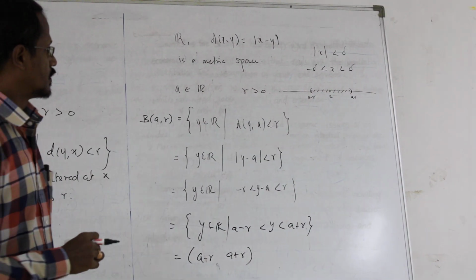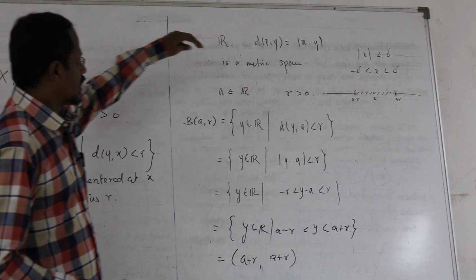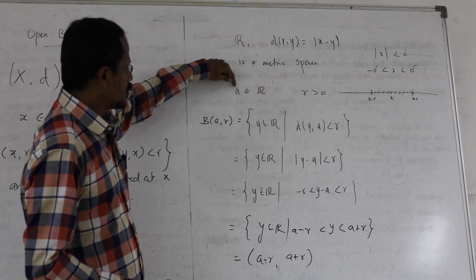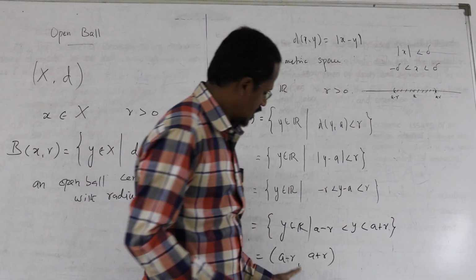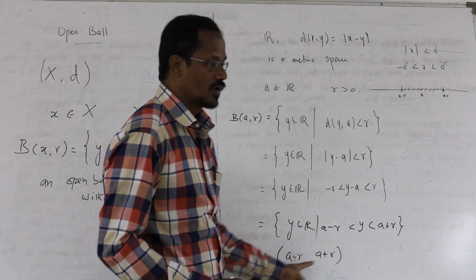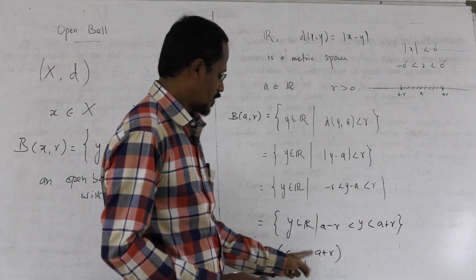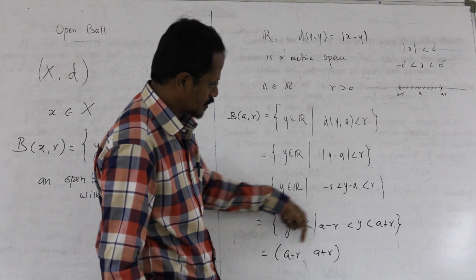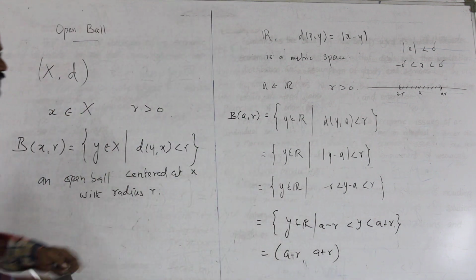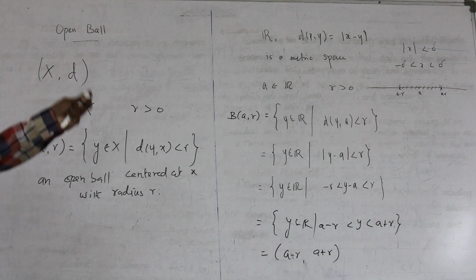So it is clear that in R, with the usual metric, you can give any point and any radius r. B(a, r) is an interval around a, a symmetric interval around a of length 2r, namely a - r to a + r. So this is the definition of open ball in a metric space and an example.